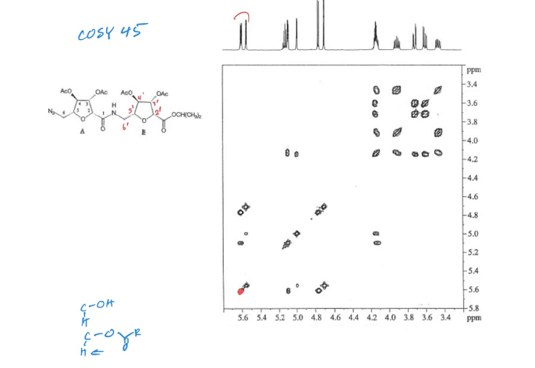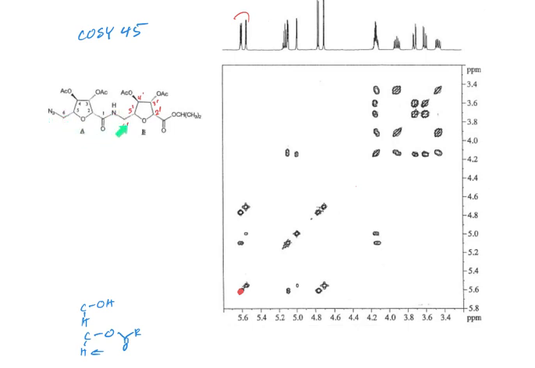Okay, so let's start somewhere else. 6. So 6 next to the amide, or 6 prime, and 6 next to this azide. Those are both CH2 groups. They're just next to a nitrogen. There's no oxygen there.